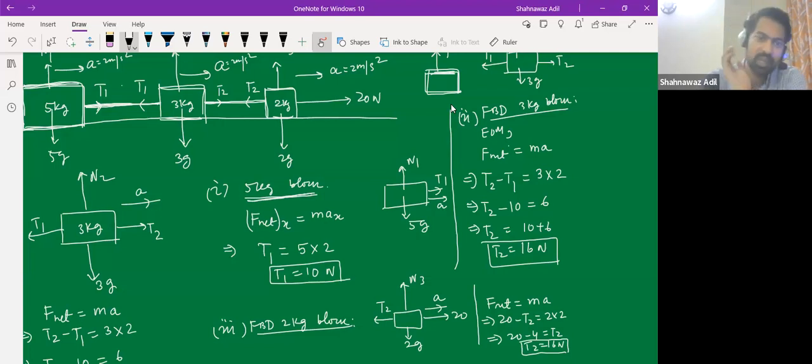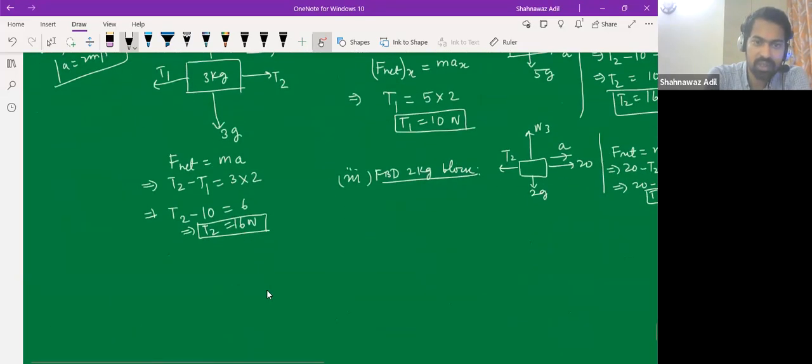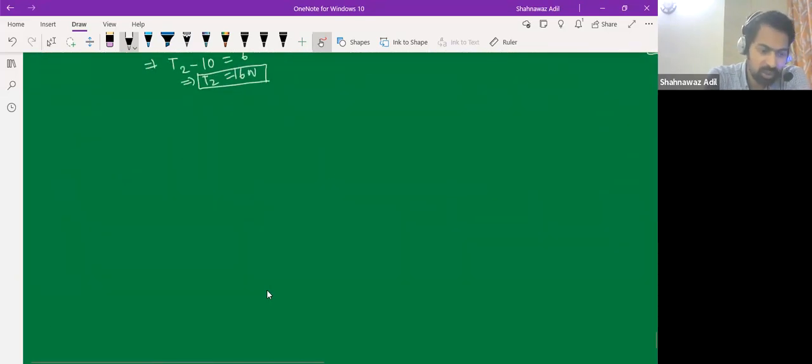Done. Okay, so now we know about all these three common forces, and we know about the equilibrium condition, and we also know about when they are moving, when the acceleration is not zero, so we can write the equations of motion.